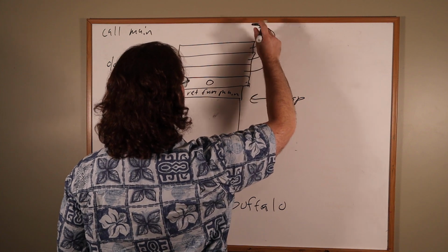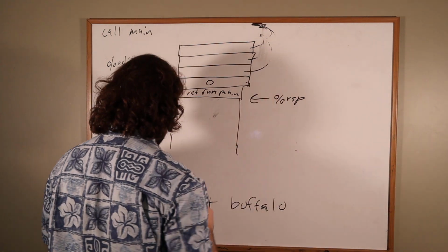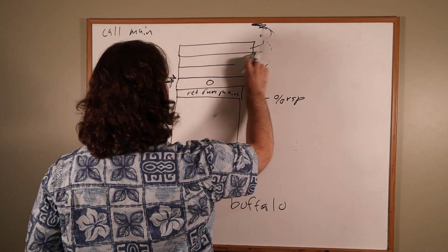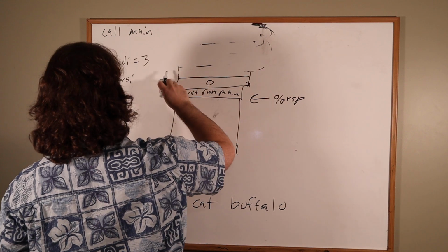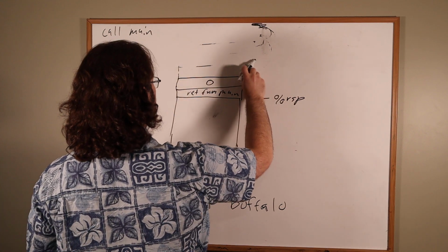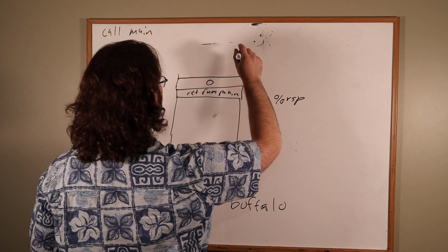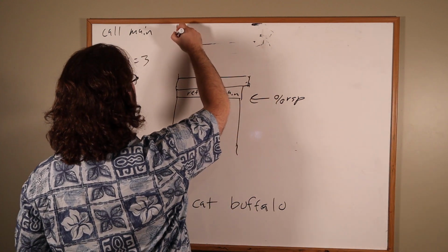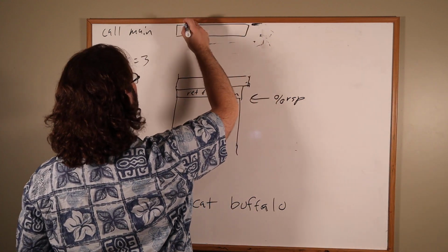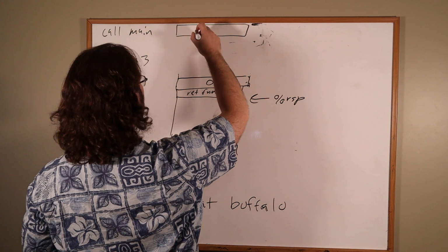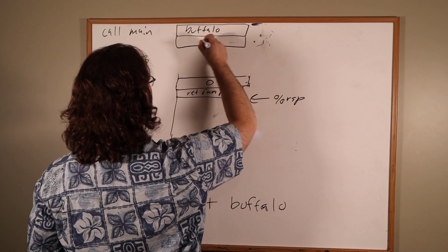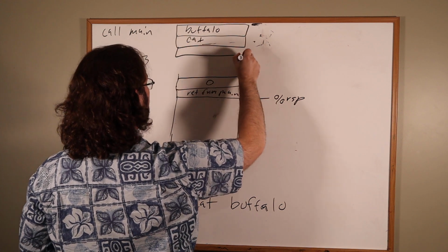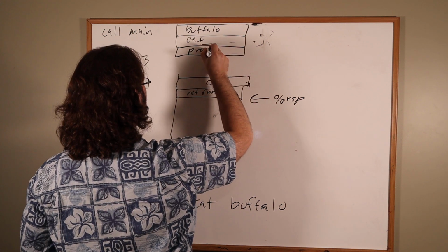I'm running out of space. Let me try harder. So we have, on the stack here, buffalo, we have cat, and we have prog as strings.